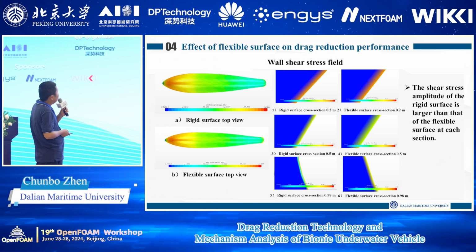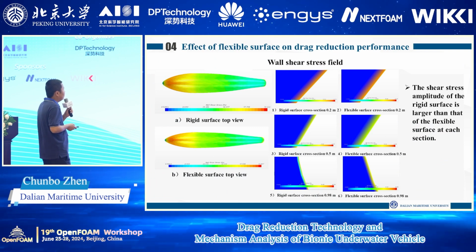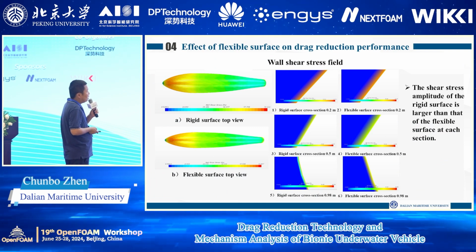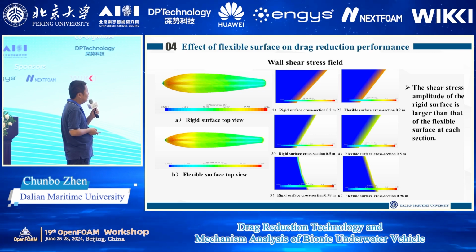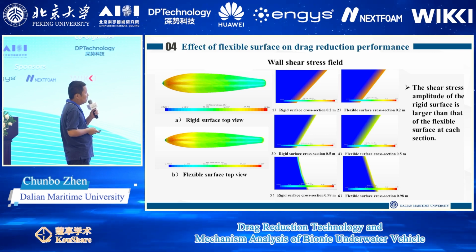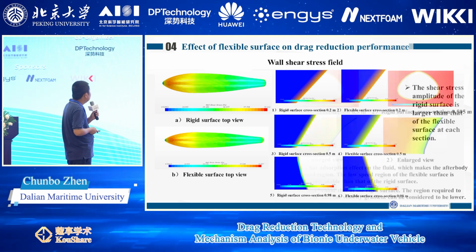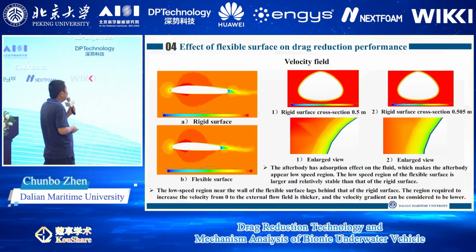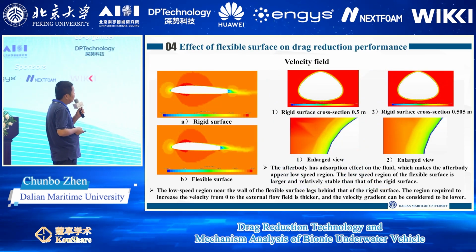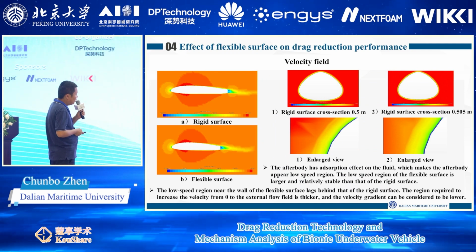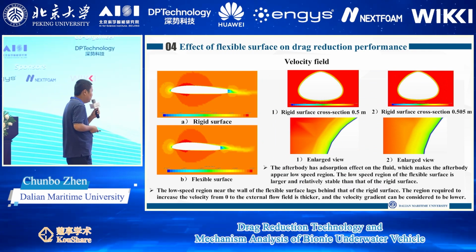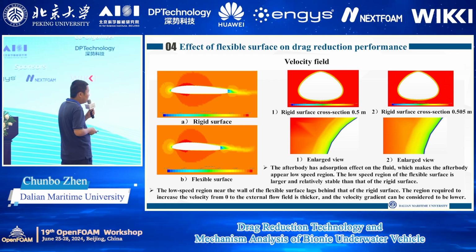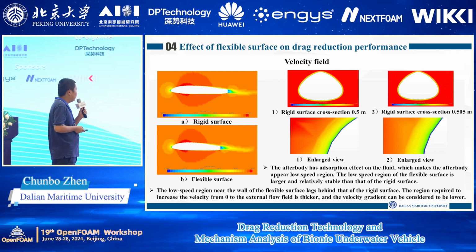This is the wall shear stress field. The shear stress amplitude of the ragged surface is larger than that of the flexible surface at each section. And for the velocity fields, the afterbody has absorption effect on the fluid, which makes the afterbody appear low speed region.